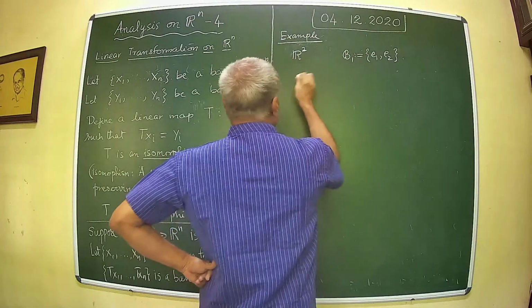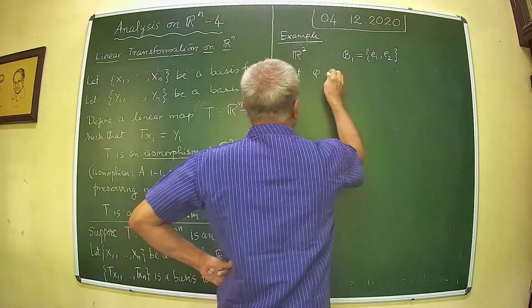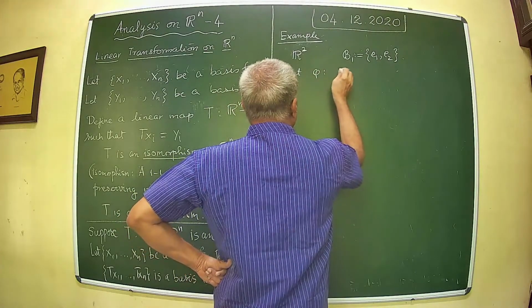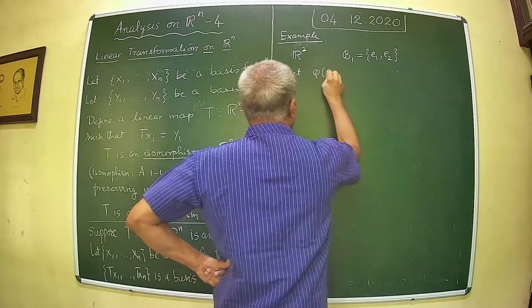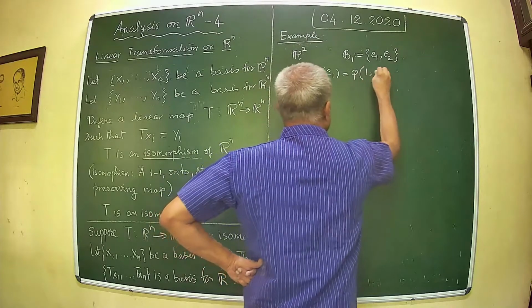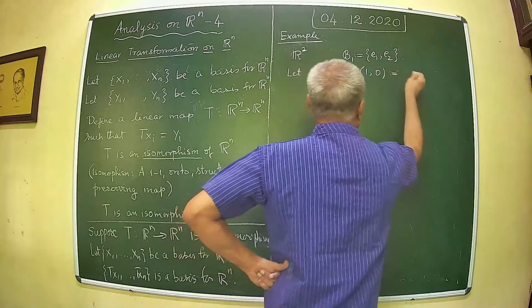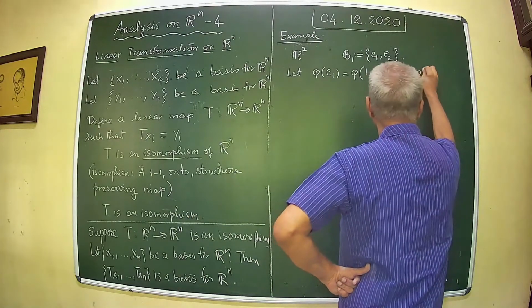So let me define phi of v1, which is equal to phi of (1, 0), I define it as (-1, 0).